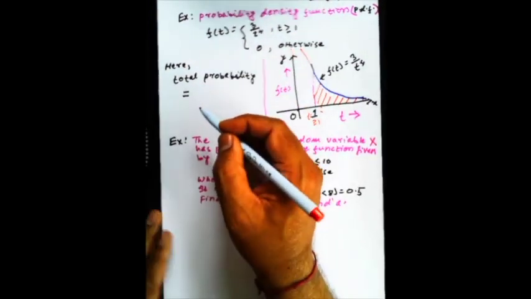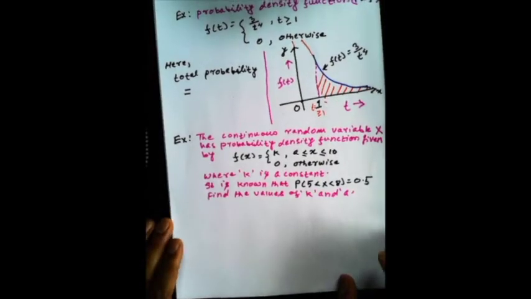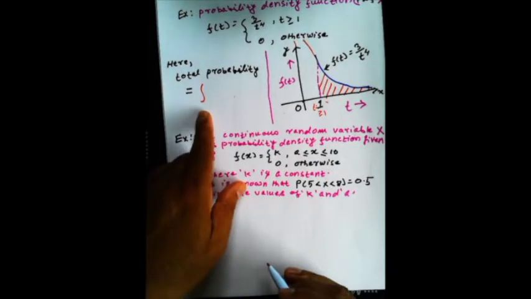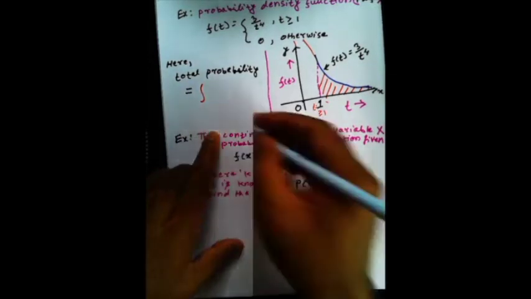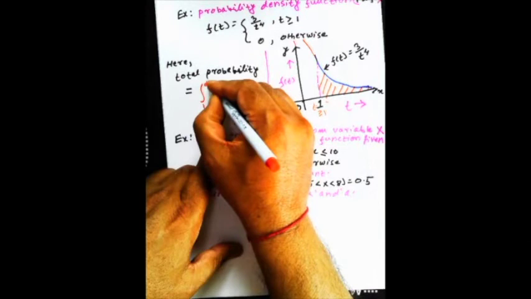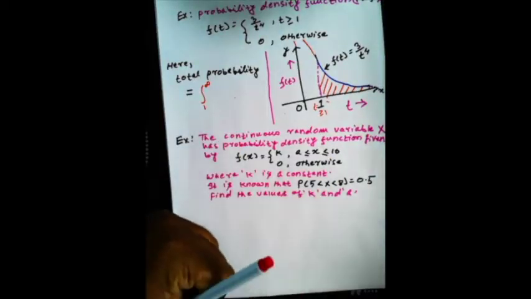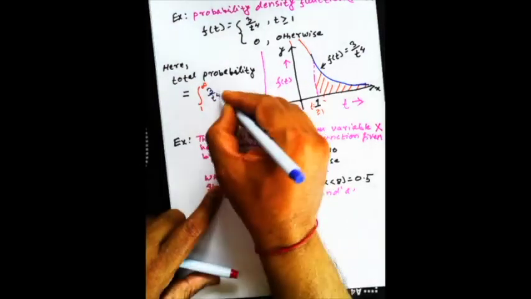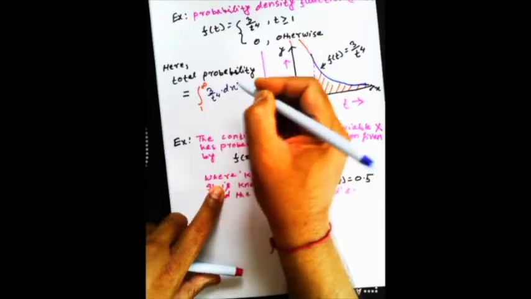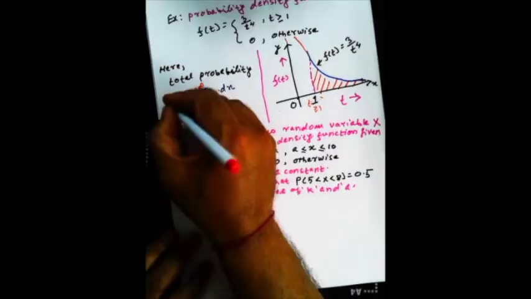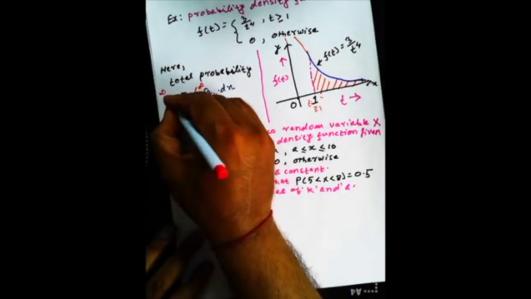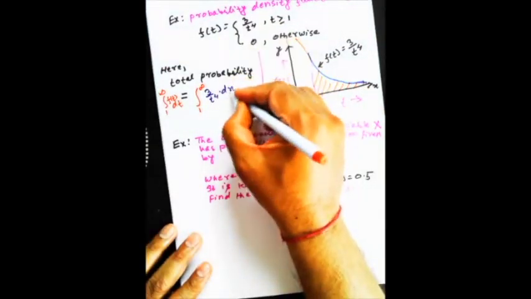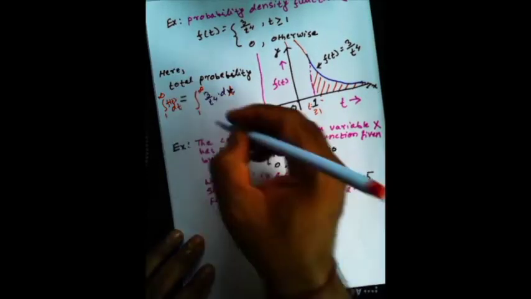So by using the idea of integration, instead of writing sum, you can write the sign of integration, and then it starts from 1 and goes to infinity, and your given function in this case is 3 by t to the power 4, and then dt. In fact, this is the integral from 1 to infinity of f(t) dt.